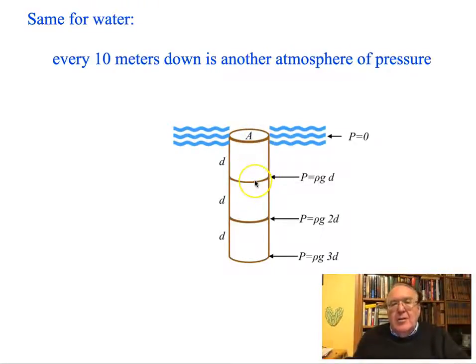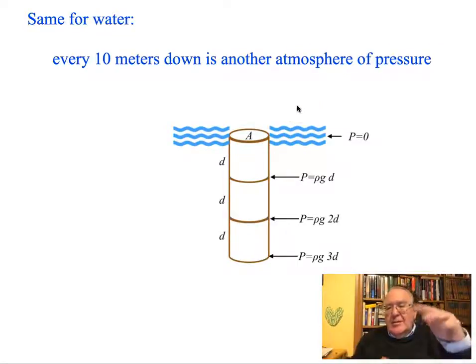If you go down 10 meters, you pick up 1 more atmosphere of pressure. In other words, you pick up another 14.7 pounds per square inch. And you go down 20 meters, you have twice that. You go down 30 meters, and you have 3 times that. So you have 3 additional atmospheres of pressure on top of the air on top of that.